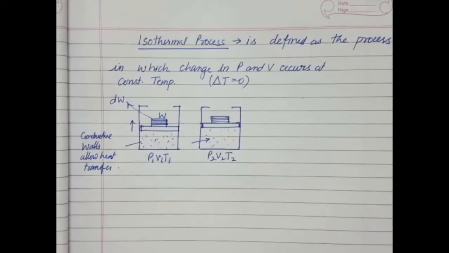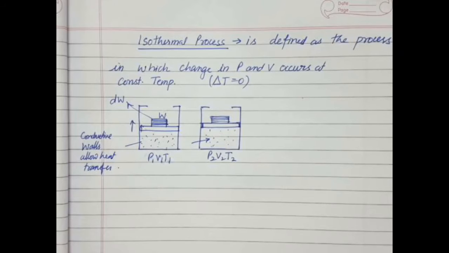Apart from this, there are many more things which we need to know about isothermal process. Like, this process should be carried out very slowly. Now what is the reason behind it? Why should it be carried out very slowly? Because as we know that during this process we need to keep the temperature constant.